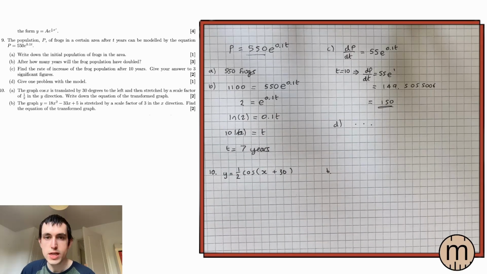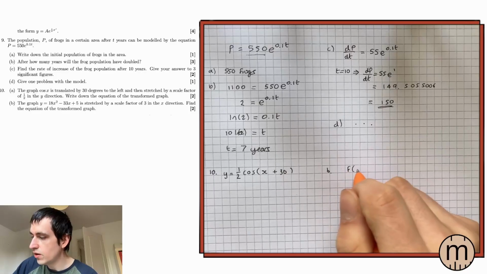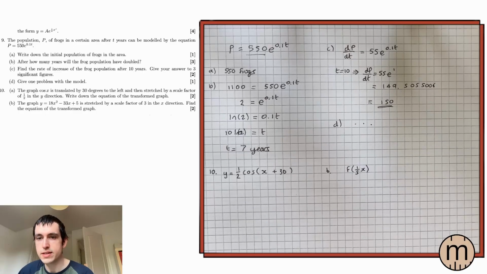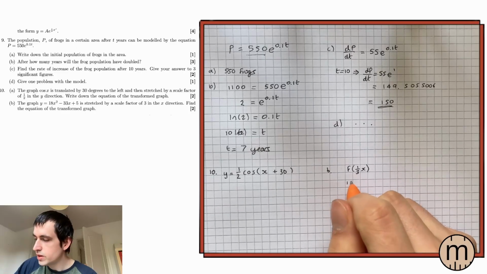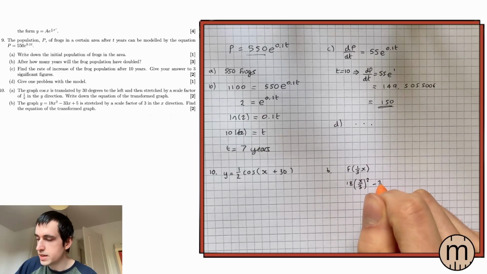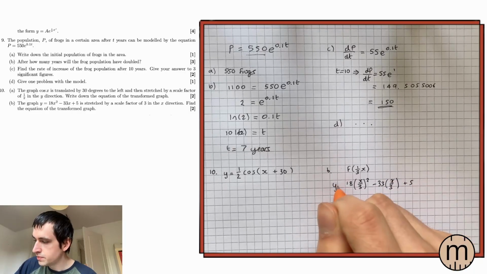For part B, it's stretched by a scale factor of 3 in the x direction. If it's in the x direction, then it's what's happening inside the bracket. So usually we say f of 1/3 x. We can't write 3x because it's inside the bracket, so it's the opposite of what you might think. So in order to finish this up, we'd need to write 18x over 3 squared minus 33x over 3 plus 5.